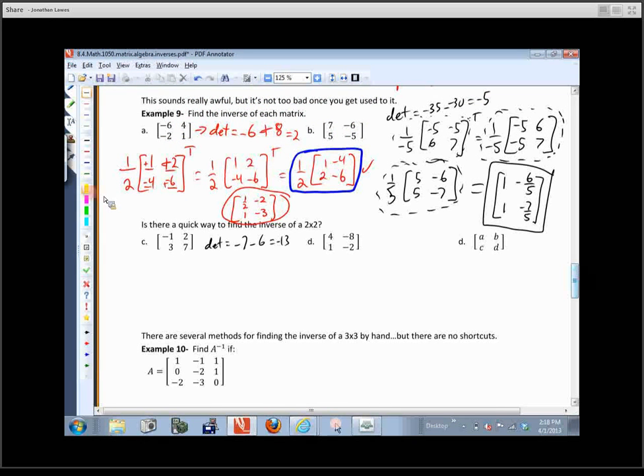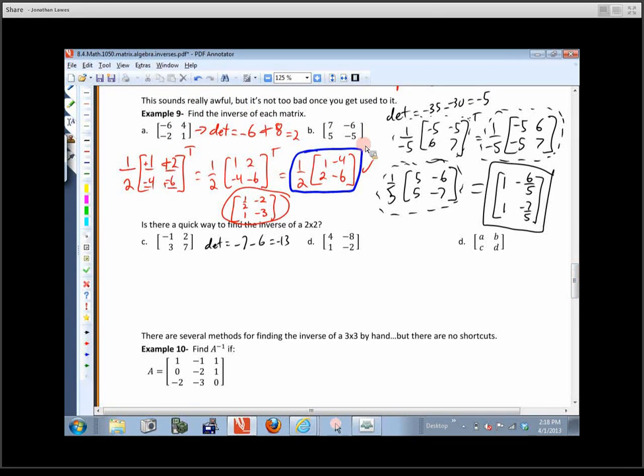Let's see, did you notice anything about, let's take a look at those two right here. There used to be a -6 here, and now it's down here. And there used to be a 1 here, and now it's up there. And that 2 used to be negative, and that 4 used to be positive.